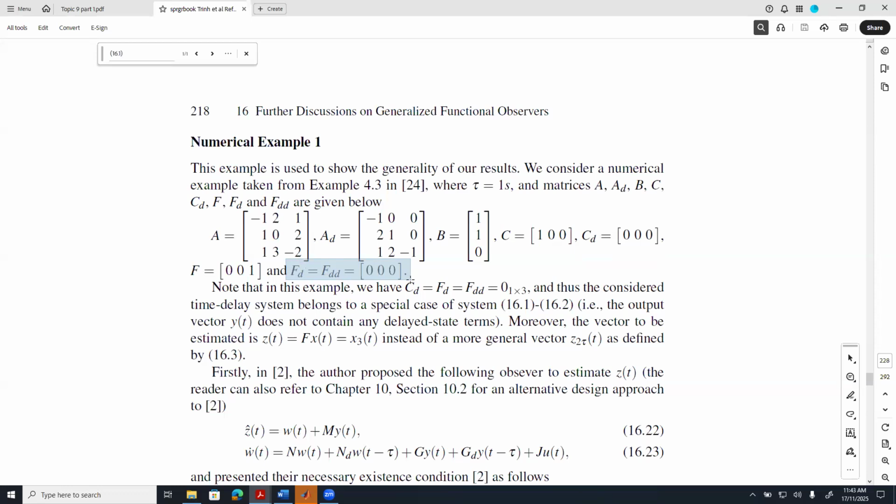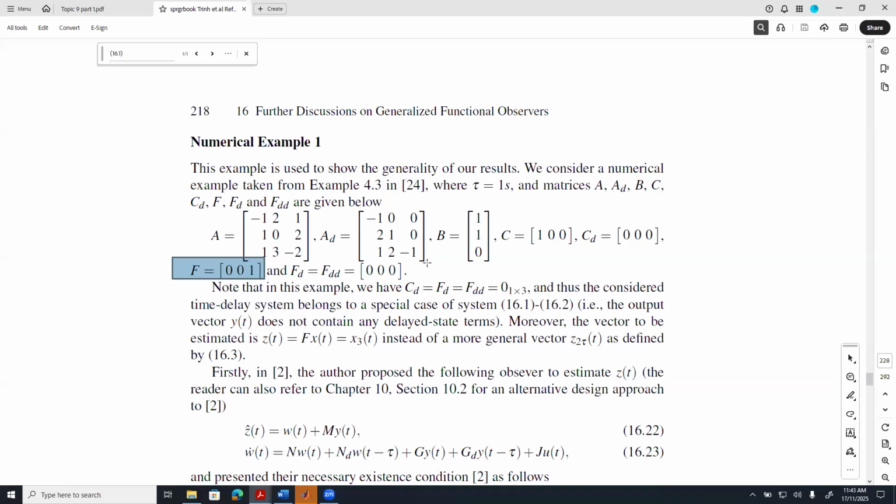And also the functional that needs to be estimated is only the state variable x3. So it's just a functional observer where the functional consists of the state variable x3 of t.